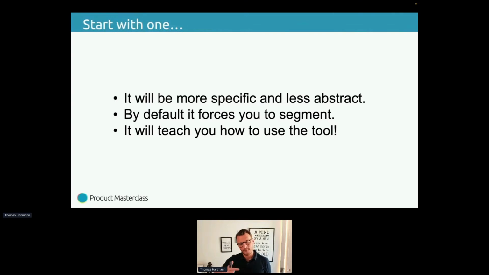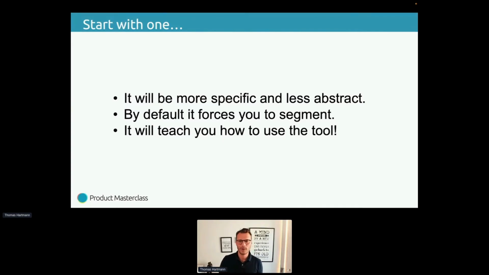It forces you by default to have a segment, right? If you have one interview and you do another one, and then you look at both and think, okay, are they similar? Are they the same? Can we put them together, or is it different? It's segmentation by default, and it is the simplest case you can start with, and that will teach you how to use the tool.